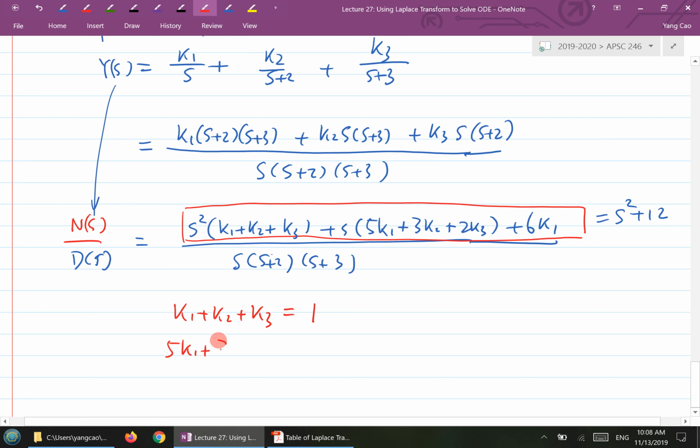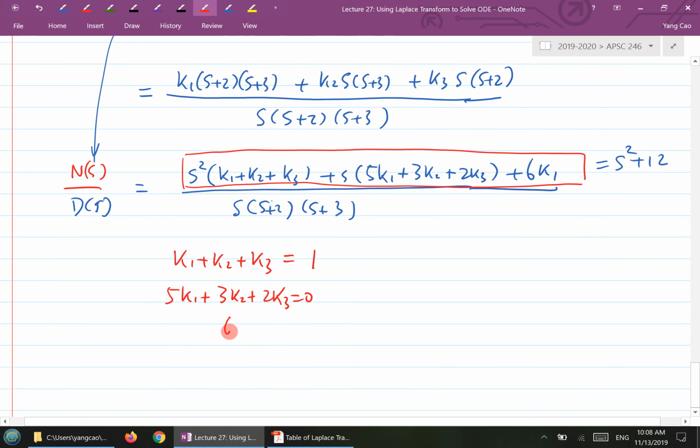And the constant term should be 12. So now you got 3 equations, 3 unknowns, and you can solve for k1, k2, and k3. So k1 is 2, k2 is negative 8, and k3 is 7.